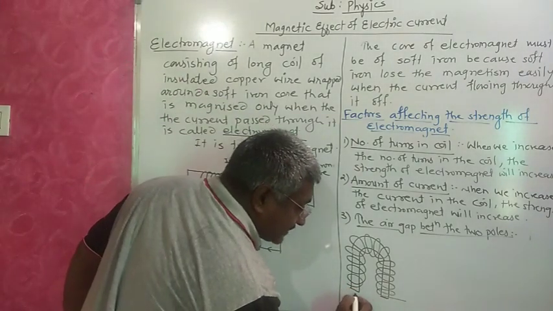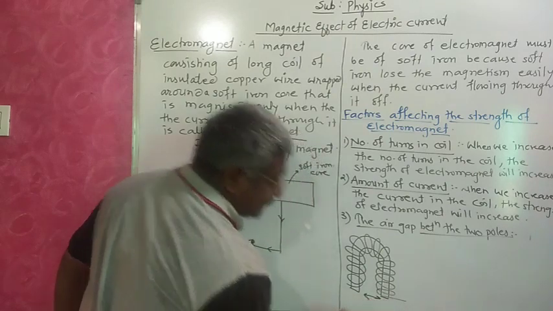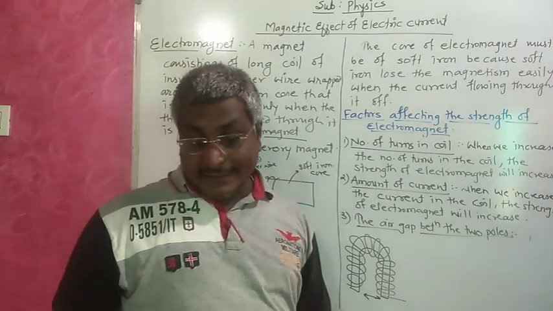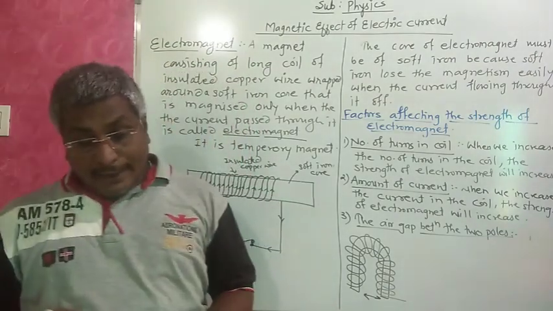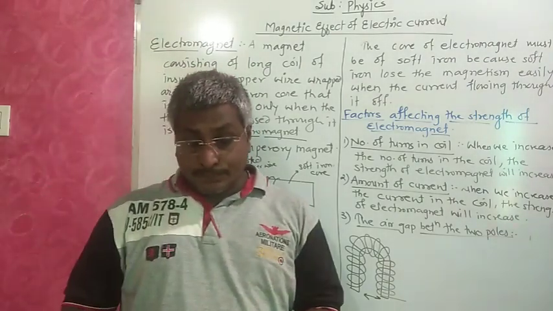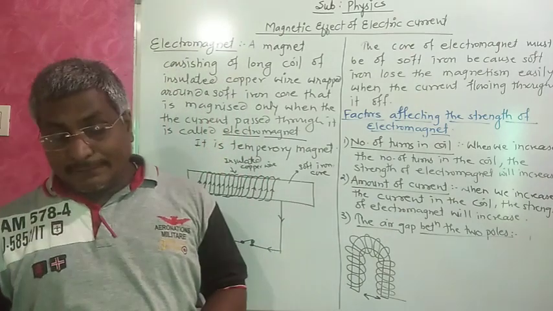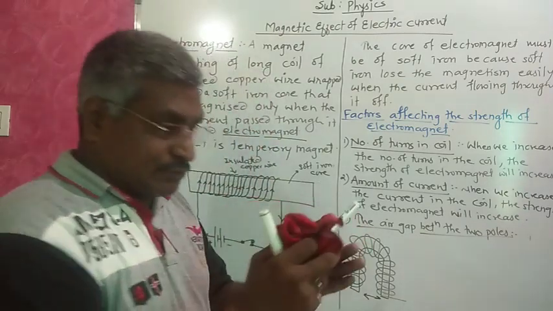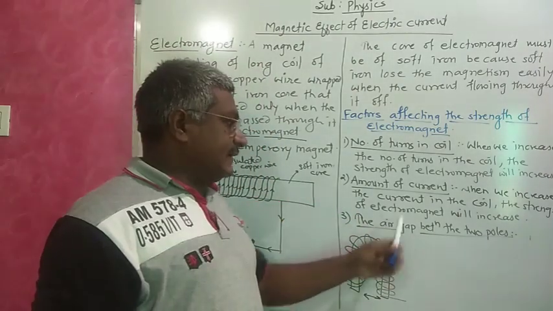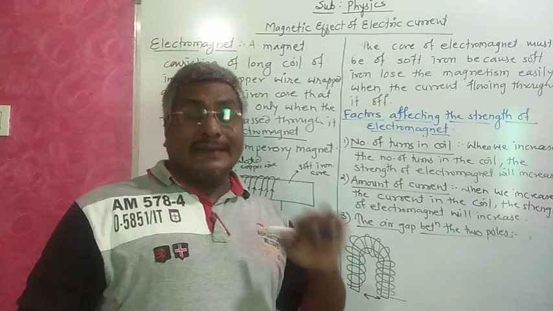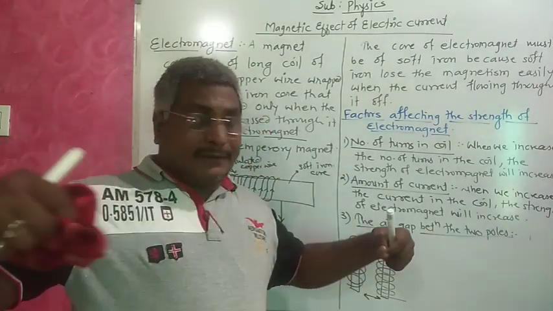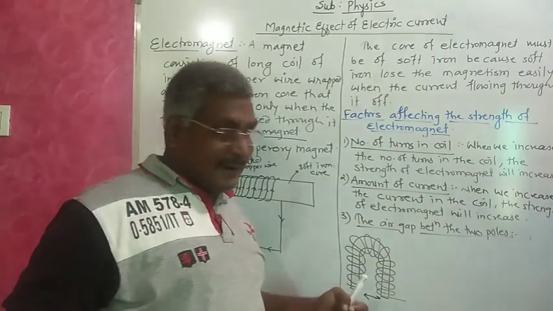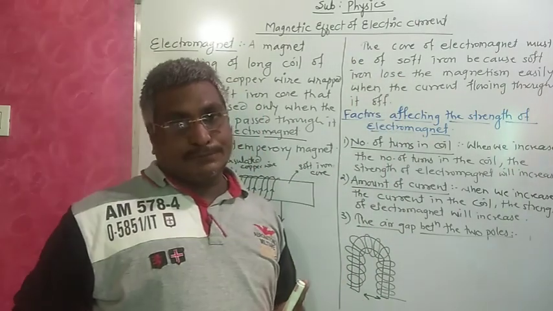How much gap there is between these two poles, on that the strength of the electromagnet depends. If we reduce the air gap between the poles, the strength of the electromagnet increases. If we increase the gap, the strength of the electromagnet is reduced.